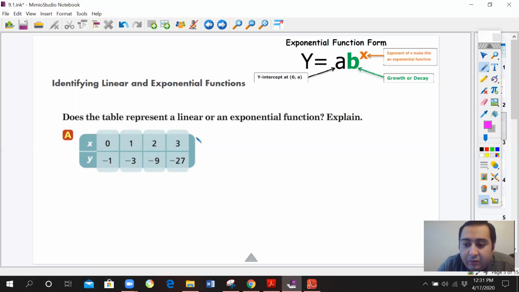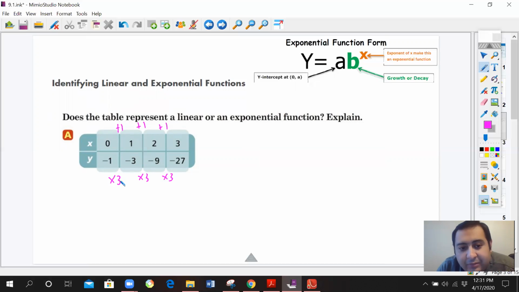All right, so let's go ahead and analyze this. Since the x values are increasing by ones, and the y values, we see a pattern of multiples of 3. So times 3, times 3, times 3.